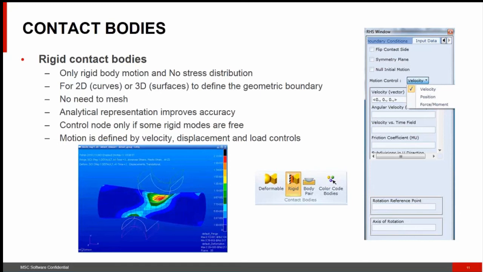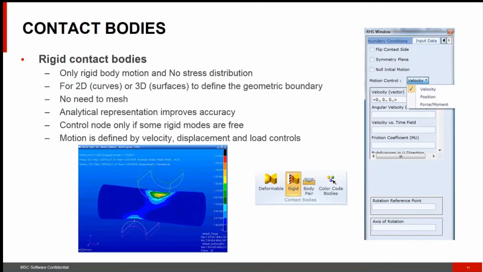Here you can see we have a rigid surface that is moving and pushing on our deformable body. Rigid bodies can be 2D curves or 3D surfaces.